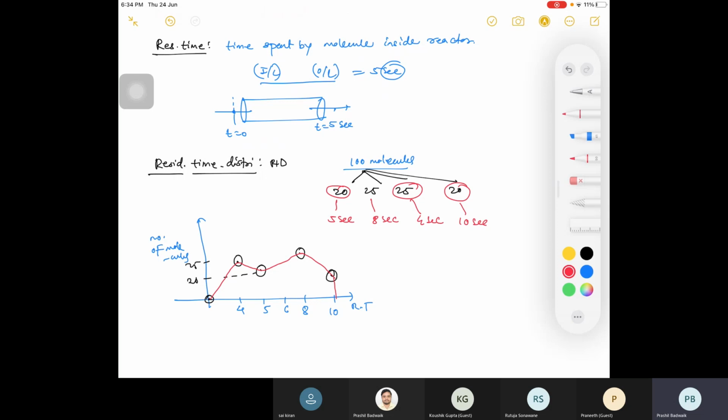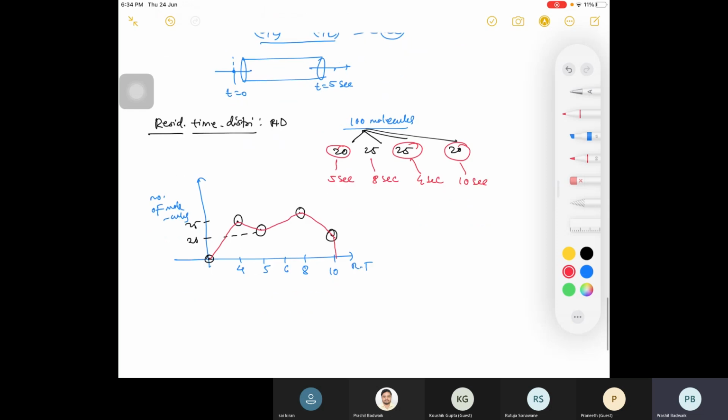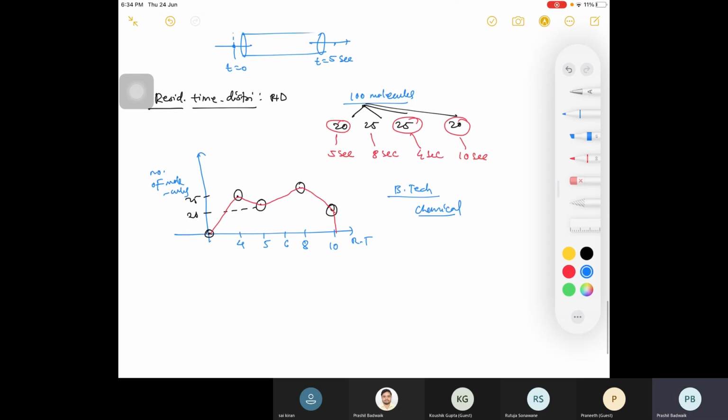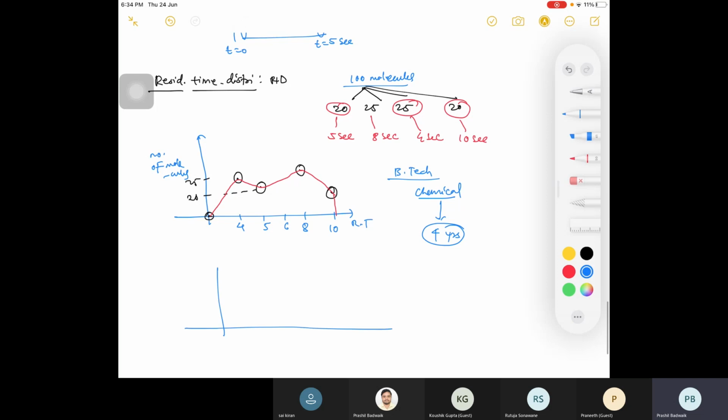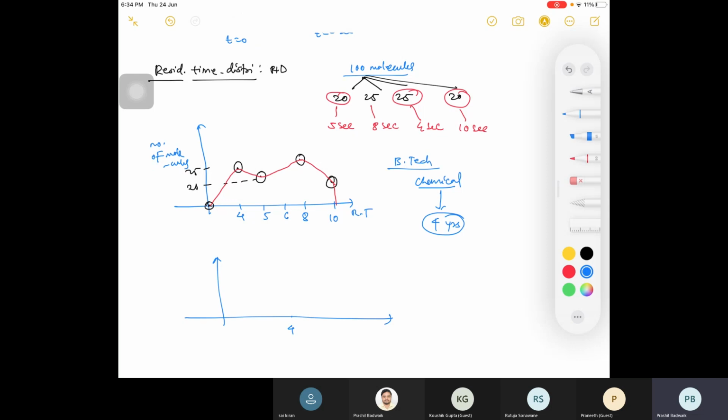Suppose there are molecules with different residence times, that is called your residence time distribution. For example, suppose you are doing your BTech. There are students in your class, chemical engineering. What is the ideal duration for chemical engineering? It is 4 years. So whenever I'm writing the distribution, I'll write most probable as 4 years.